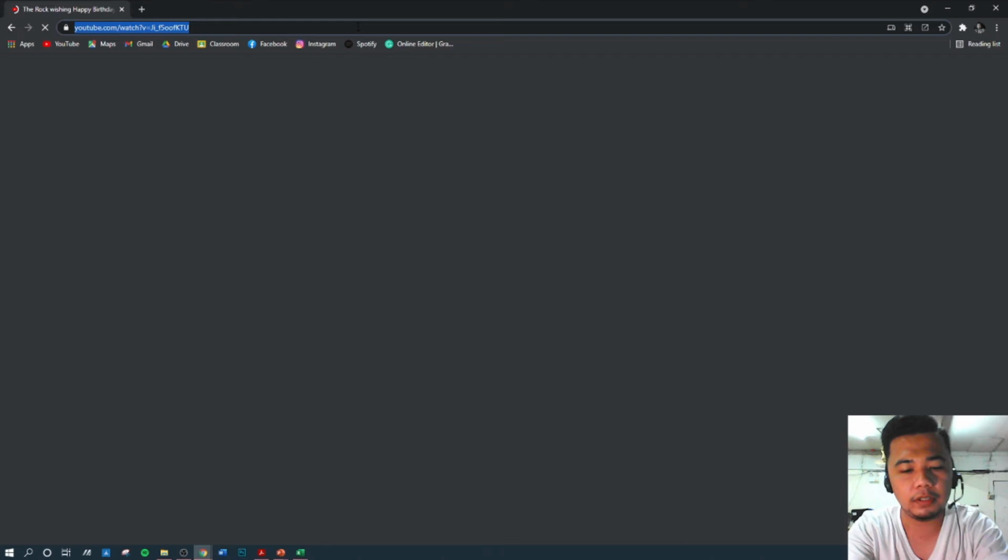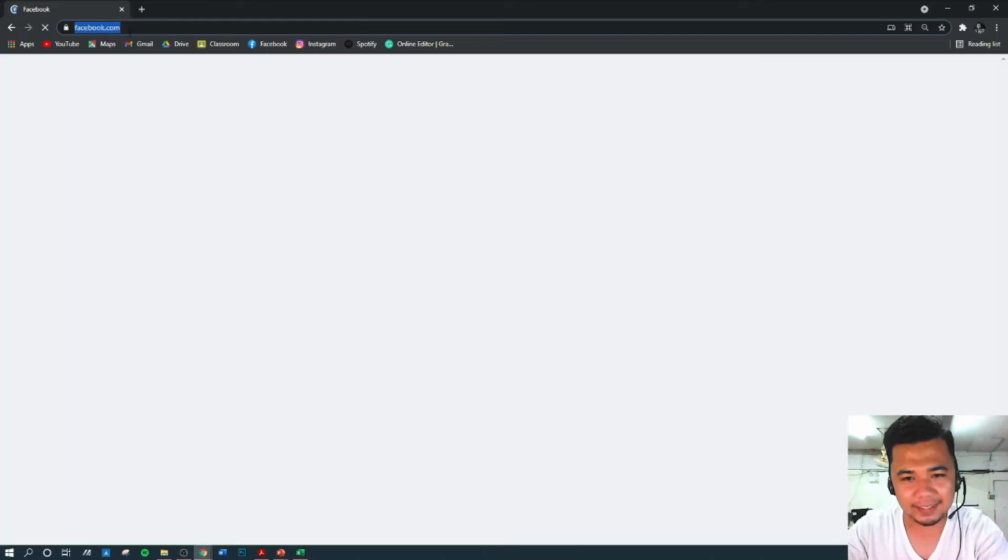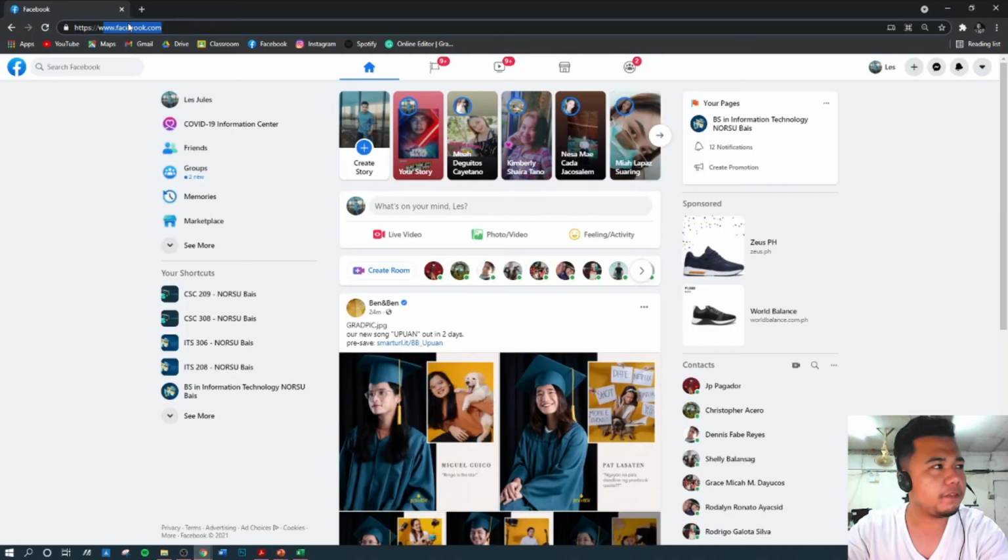Always make sure that the URL is correct. Make sure that it really is www.facebook.com. If the URL is different, then that is already a phishing page. And another thing, make sure that the protocol is HTTPS rather than just HTTP.